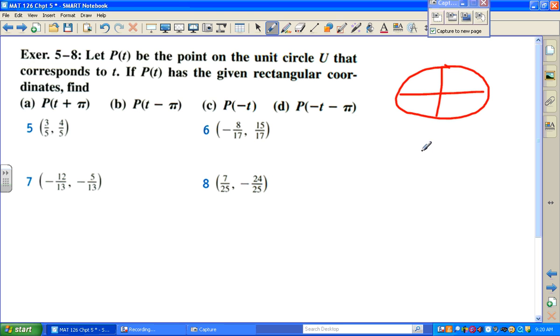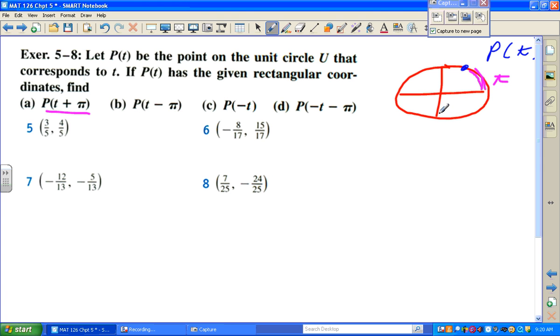So this point right here is P of t, on the unit circle at 3/5 and 4/5, someplace right about there. Matt, I have to adjust my answer that we talked about yesterday, because I was thinking about it. This part right here is t, the angle.